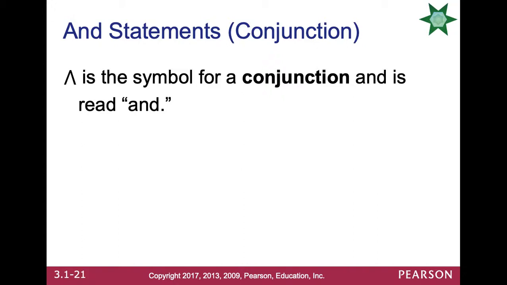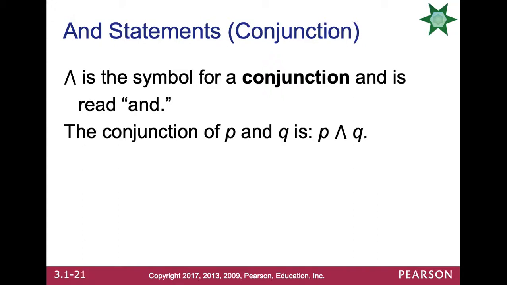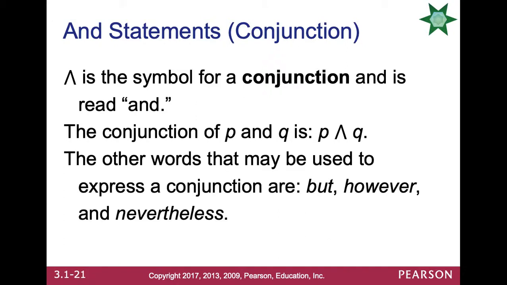So if I were to write P and Q, I can go P wedge Q. A conjunction, P and Q, is written as that upside down V.